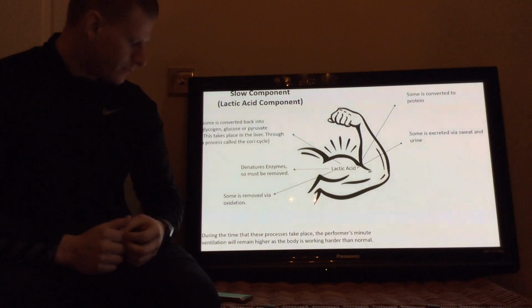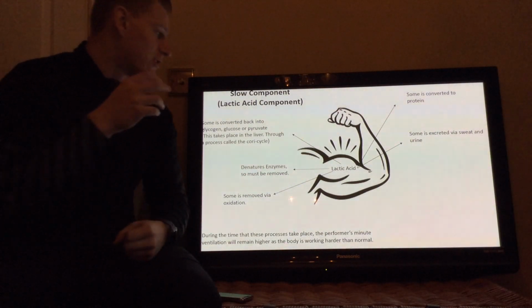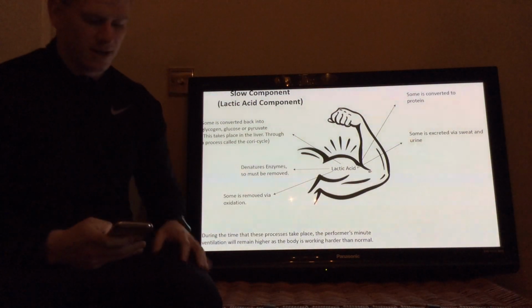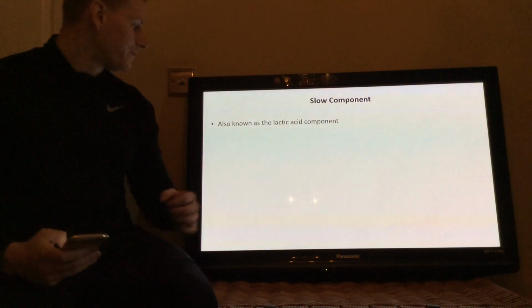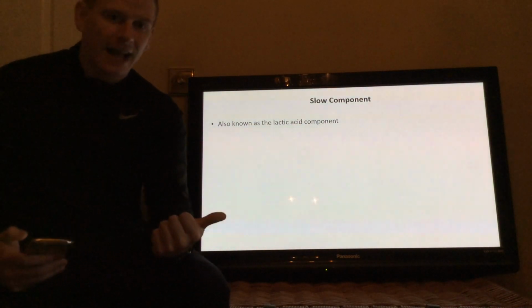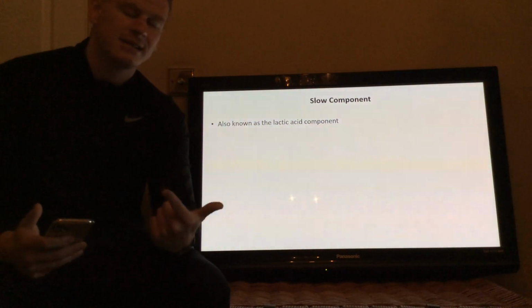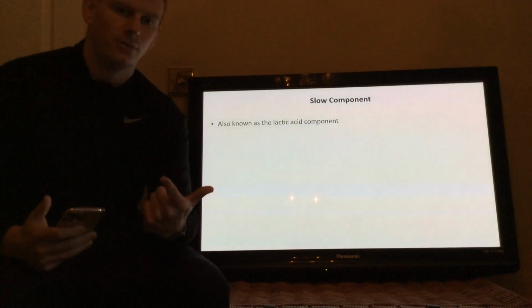So, if we take the slow component out of here, we're going to look at just the different things that can happen with lactic acid. So, it's known as the lactic acid component. Remember, I've got the alactacid component and the lactic acid component.